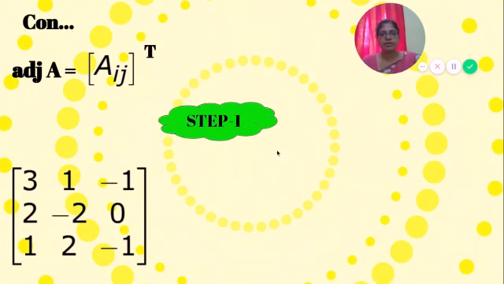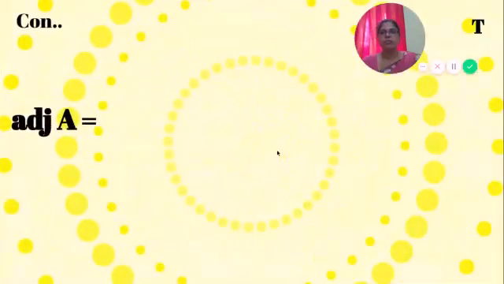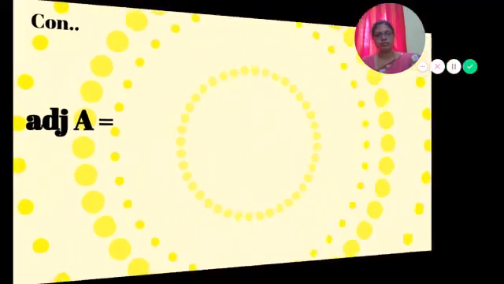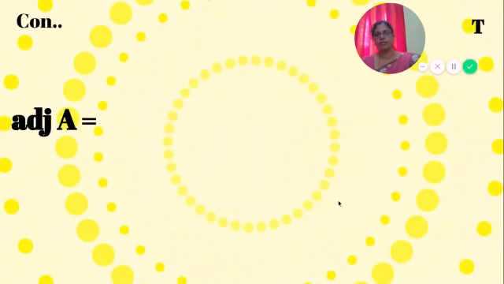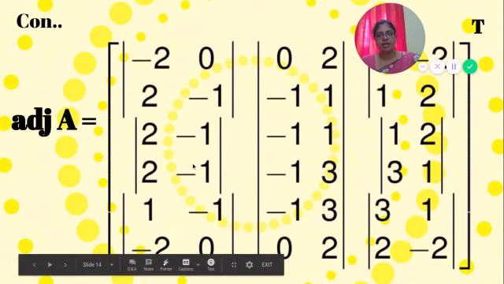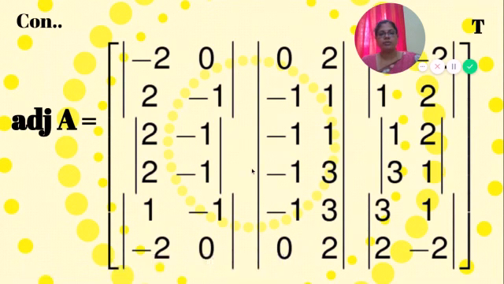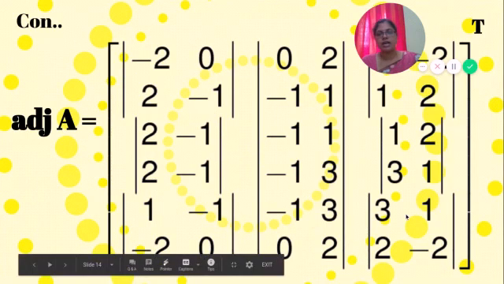The first step is to transform the 3 cross 3 matrix into a 4 cross 4 matrix. So I have transformed the 3 cross 3 matrix into a 4 cross 4 matrix. Then we have to calculate the elements A11, A12, A13, etc., up to A33.